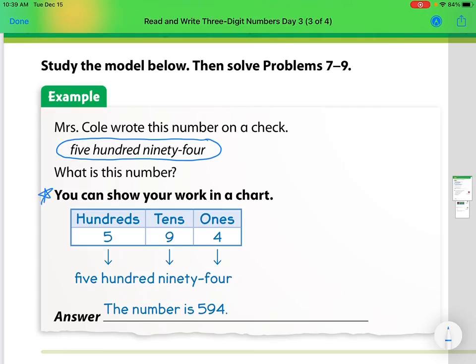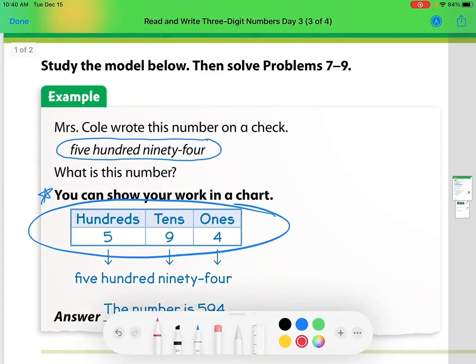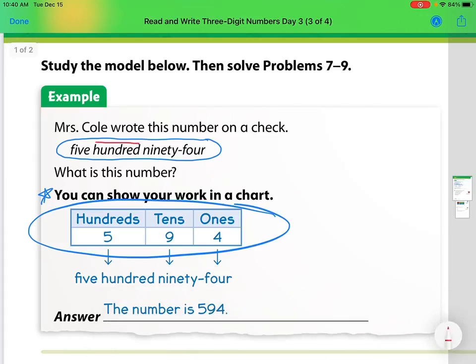So here's our example. They did a place value chart, and they plugged the digits in the place on the chart where they belong. So the first part of the number says 500. So they knew to put a 5 in the hundreds place.